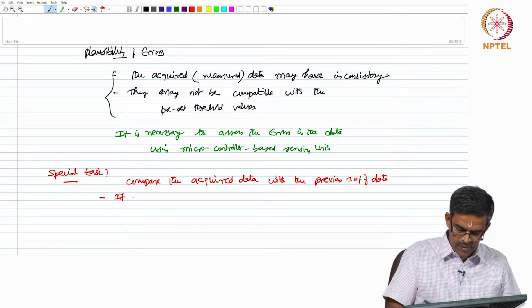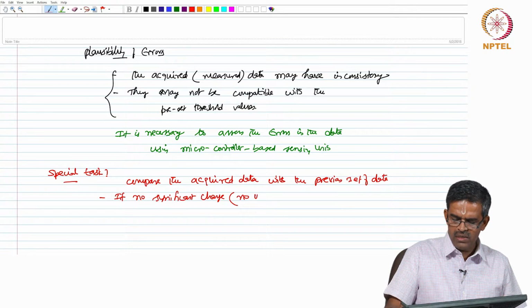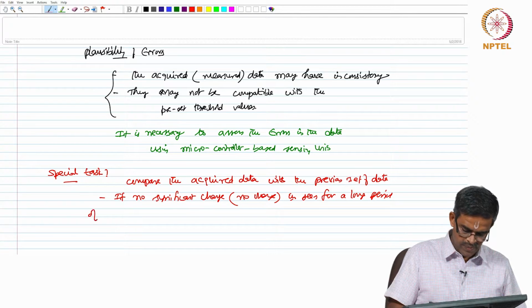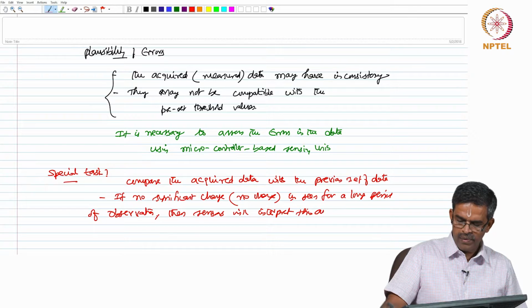If no significant change, or let us say no change is seen for a long period of observation, then the sensors will interpret this as wrong data.